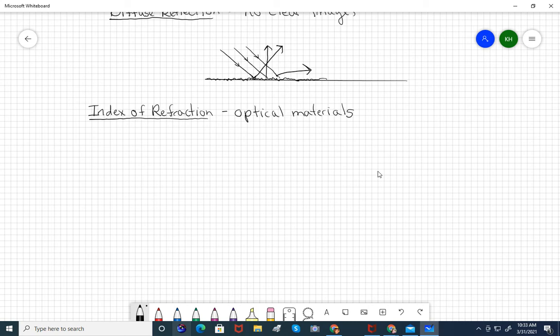By definition, the index of refraction n is equal to c over v. c is the speed of light.